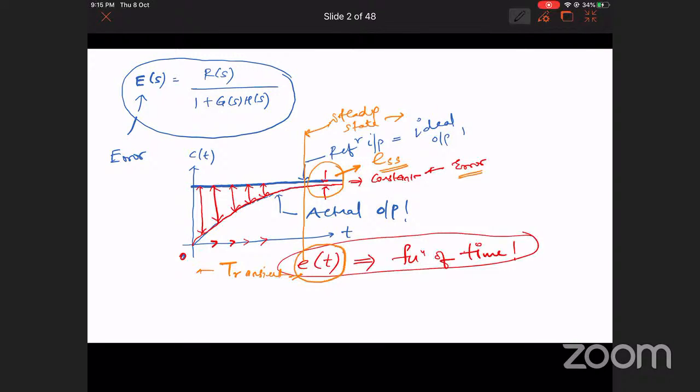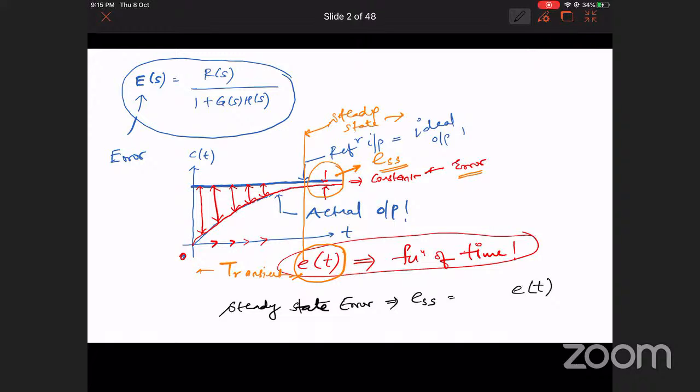So now I can write steady state error. Very, very important statement I'm making, guys. Steady state error, as in ESS. Can I say ESS is nothing but error with respect to time? But at the end, I should get a final value.